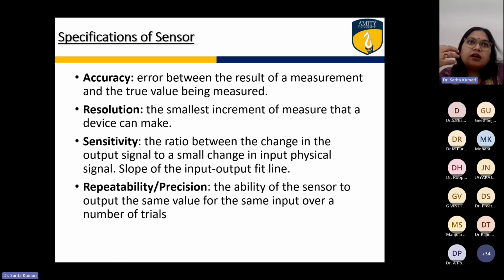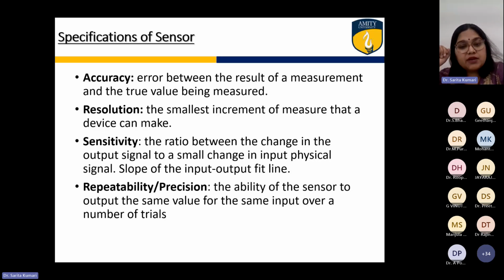How the output is changing with respect to input is nothing but the sensitivity. In sensitivity we look at the slope of input and output, so it should be linear. Right.